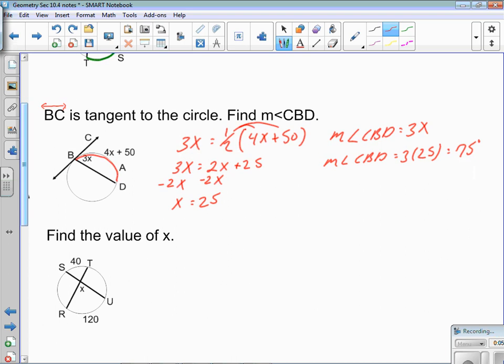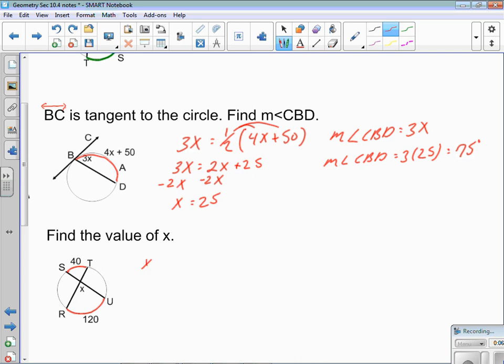So the next one, find the value of x. In this situation, we have two chords, chord RT and chord SU, intersecting inside the circle. So the measure of the angle is 1/2 of the sum of its arc and the arc of its vertical angle. So basically the two arcs that have a number value on them.